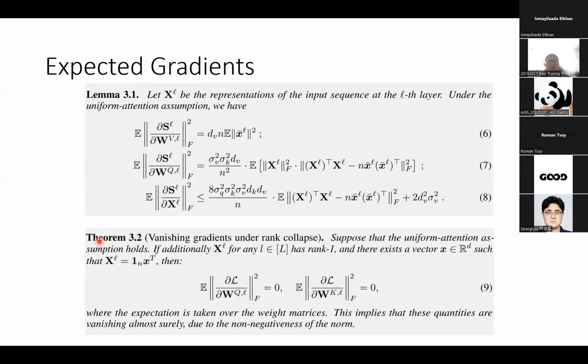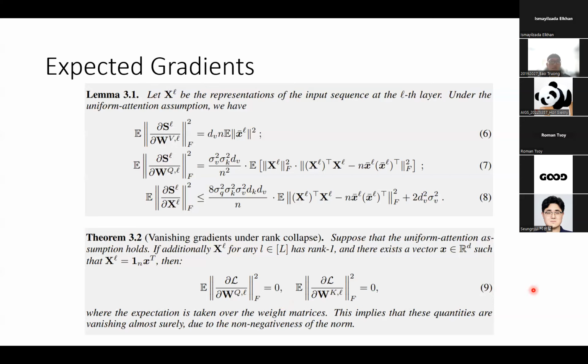Given equations 1 and 2, they are able to show that by introducing a loss function, under rank collapse we get the vanishing gradient phenomenon, which will hurt our training process.